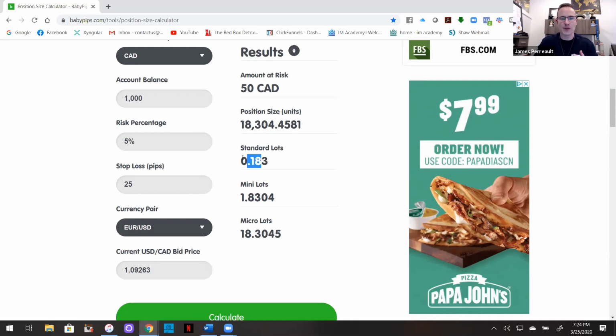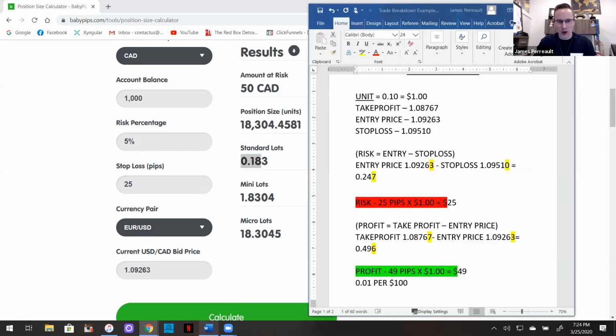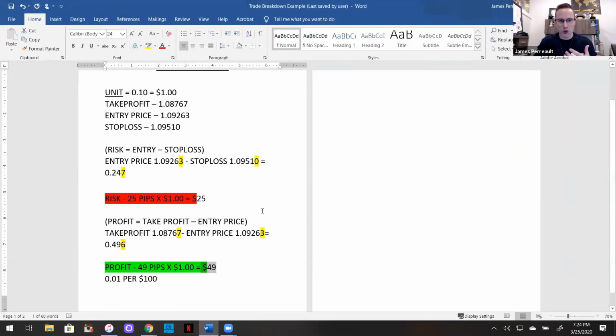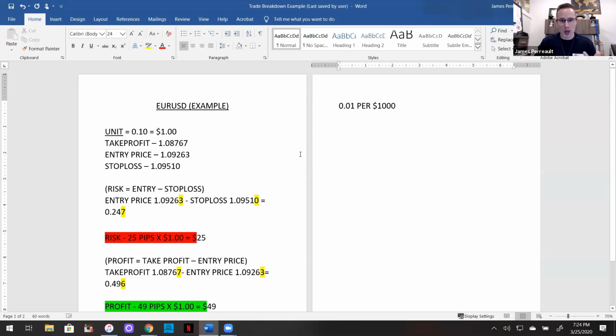And again, it's going to give you that lot size. But once you have the lot size, you have to go that extra step further with this little calculation that I showed you to determine how much money you're going to win and how much money you're going to lose. It shows how much you're going to lose on the other side, but how much are you going to win? So I would encourage you guys to do that, okay?